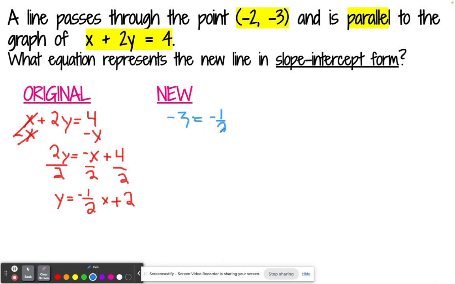The x value I'm going to use is negative 2. And I'm going to solve for b. So I have negative 3 equals, a negative times a negative is a positive, and half of 2 is 1, plus b. Last step, let's subtract 1 from both sides.